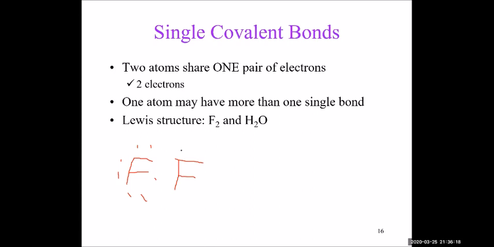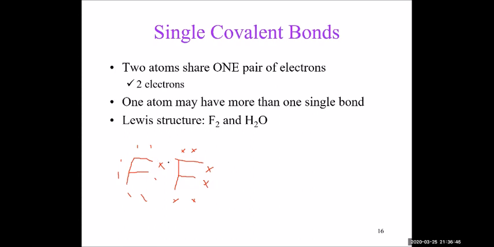So let's say I use a slightly different symbol for those electrons. I use a cross. So the second fluorine has all the cross electrons, and the first one has dot electrons. And how they can both become noble gas, become 8, is they share one pair of electrons.